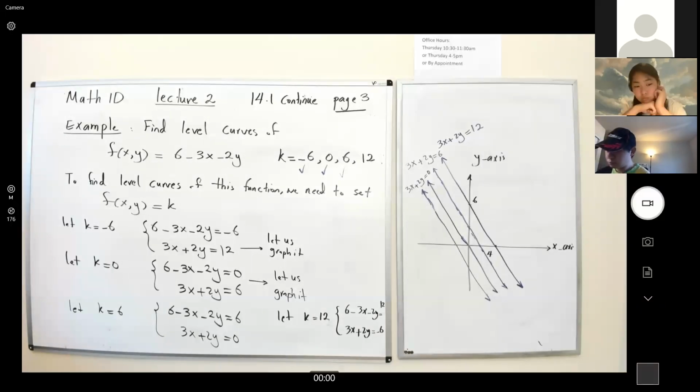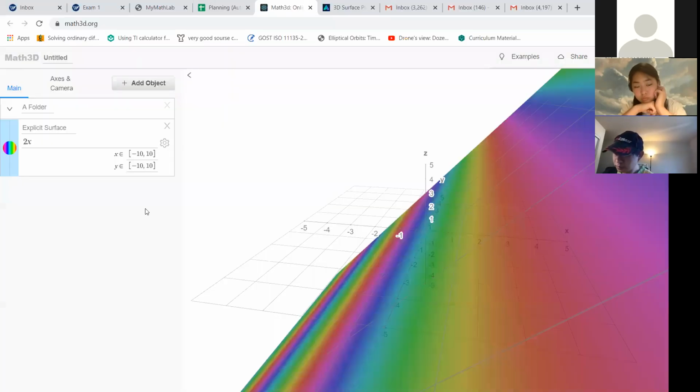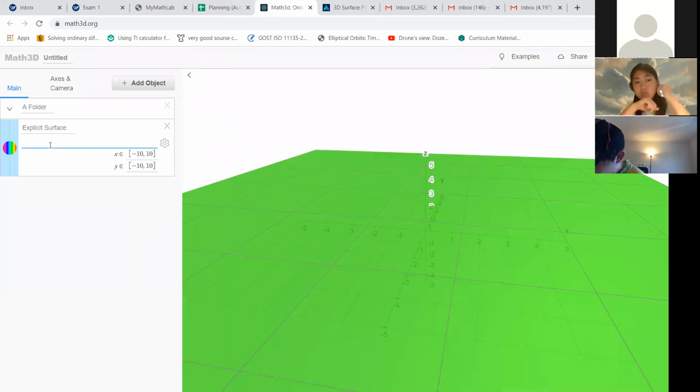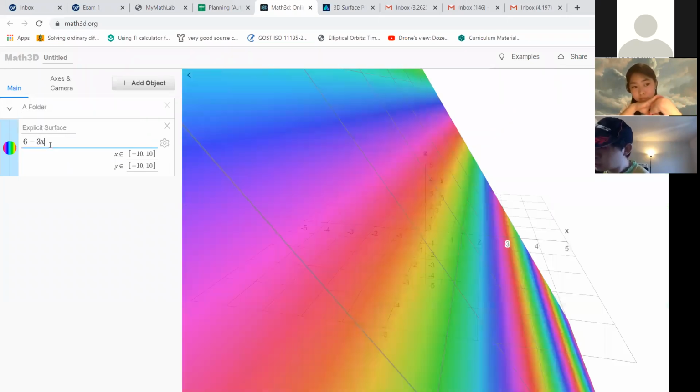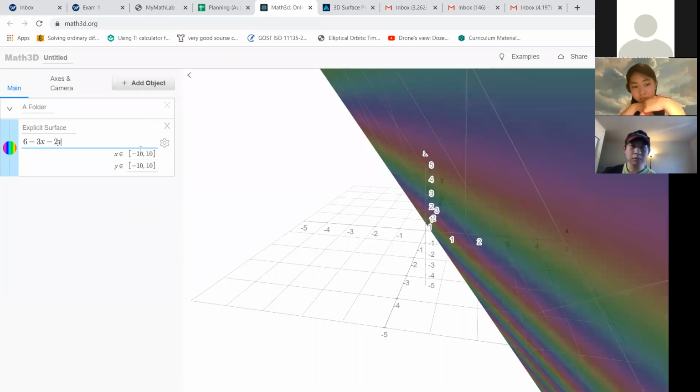So let us take a look at our website to visualize this function. Here we go, one of our websites that helps us to visualize the whole thing. It's math3d.org. So let us write down this function, which is 6 minus 3x minus 2y.